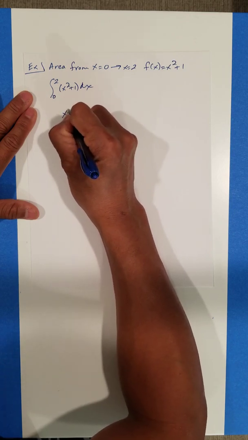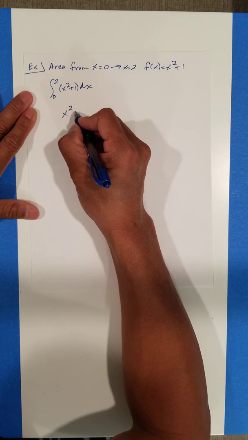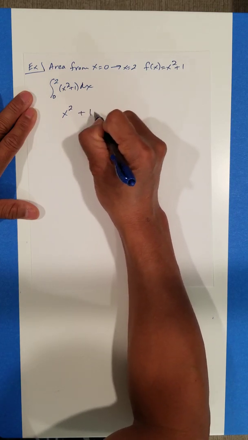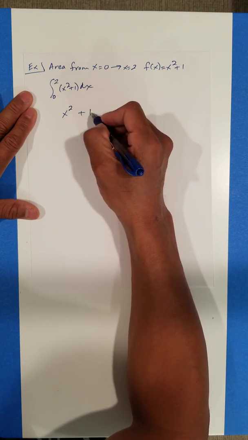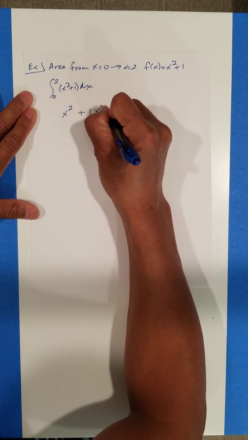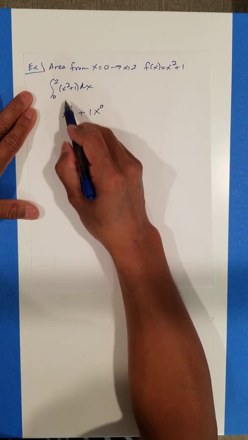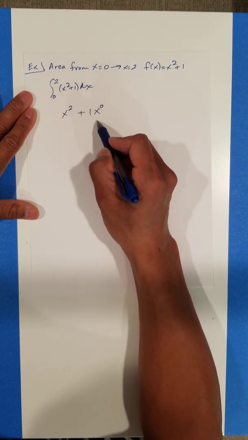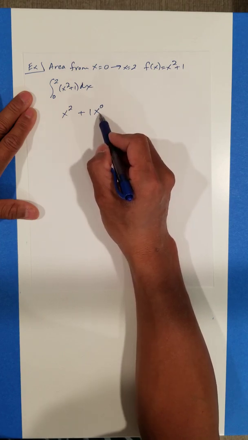So x squared currently has a 2 as a power, plus 1. Now what's the power here for x? The power currently is 0. So this is x squared, this is 1. Currently the power is 2, and currently the power here is 0.